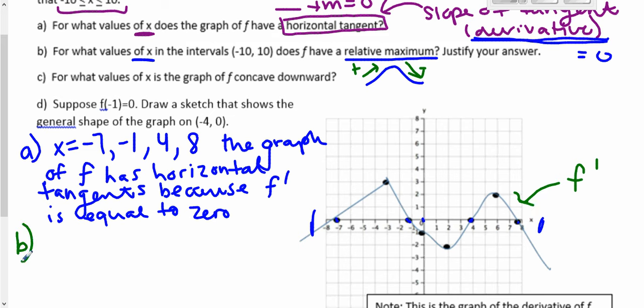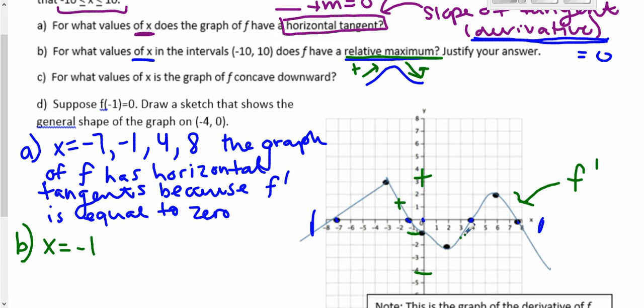So for B, we are looking for a relative maximum. A maximum happens when we change from positive to negative. So positive numbers are up here, negative numbers are down here. So there are only two places where this graph changes from positive to negative. And they're at -1.